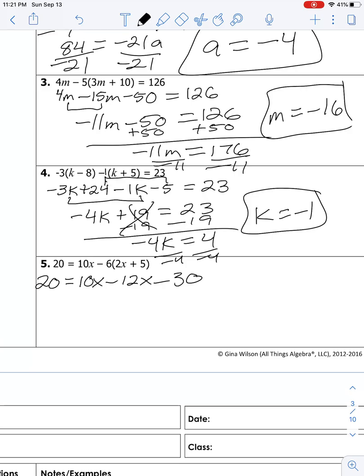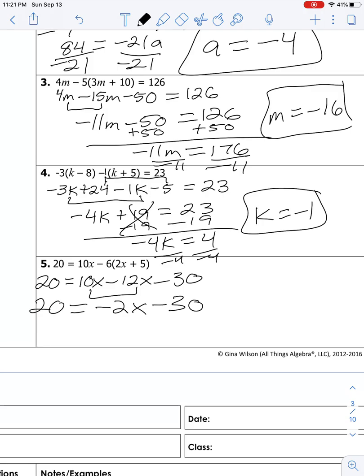Now we've got 3 terms on the right side. Again, you only want a maximum of 2. If you have more than 2, you can combine like terms most of the time. So we're going to combine those two. 10 minus 12 is negative 2. So we've got negative 2x minus 30, drop down the 20.